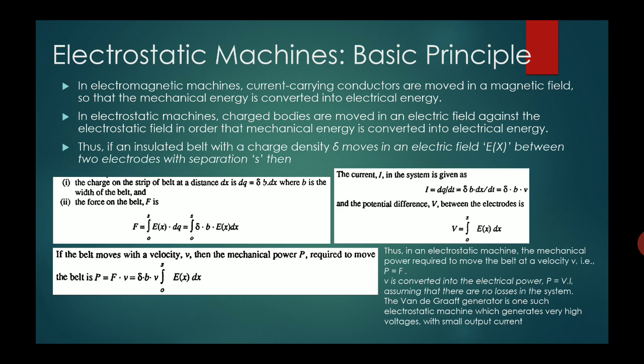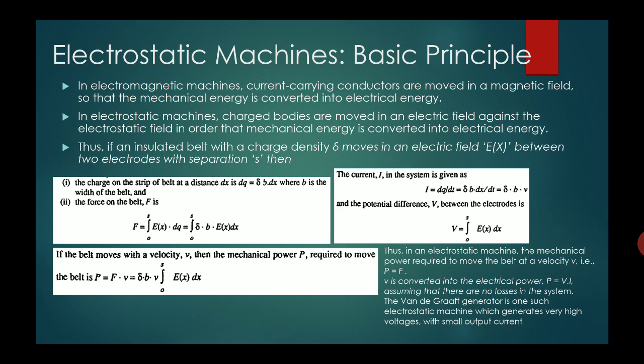Now again I'll just make a recap. We have seen previously the electromagnetic machines. Now we are considering electrostatic machines. In the electromagnetic machine, a current carrying conductor passing through a magnetic field experiences a force.